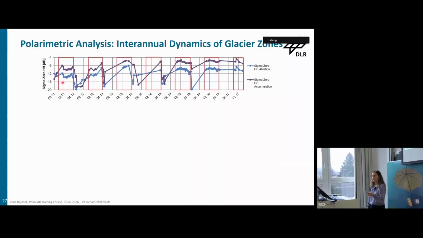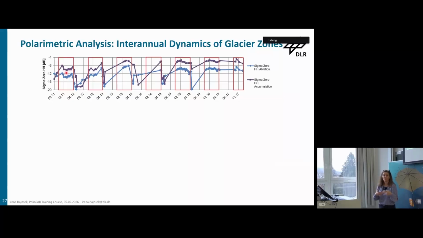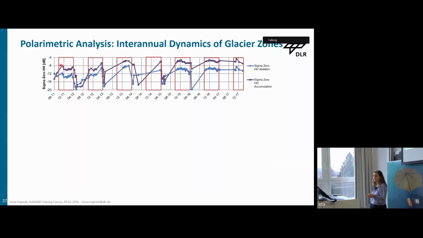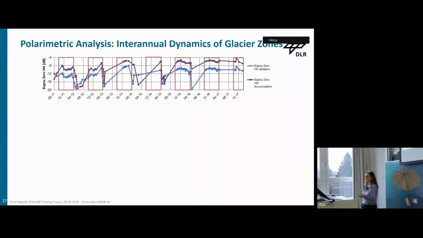So within the year you have a change, because this is what we also see in the signal, you have a change because of the variation between melting and snowfall. So this is always this variation, the seasonal variation. This is a summer period, this is a winter period, and you see the difference.